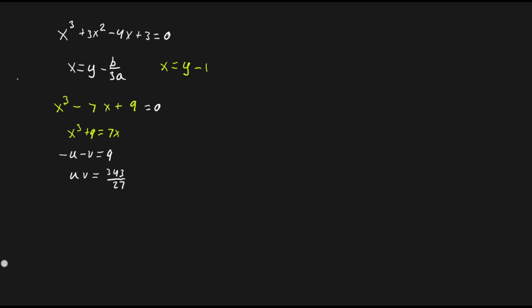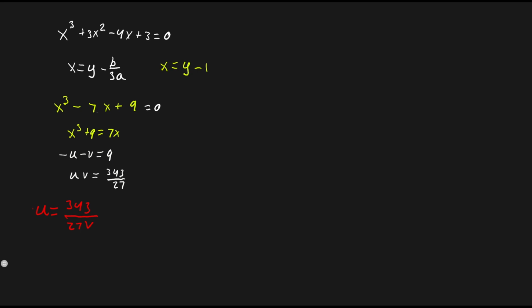And now what we can do is find u or v from our second equation and then plug it in directly into our first equation, where we are going to go ahead and solve for u in our second equation. So we will get u is equal to 343 divided by 27 times v.